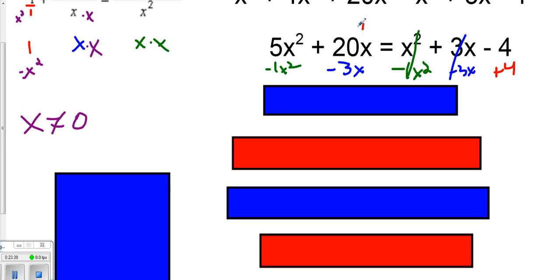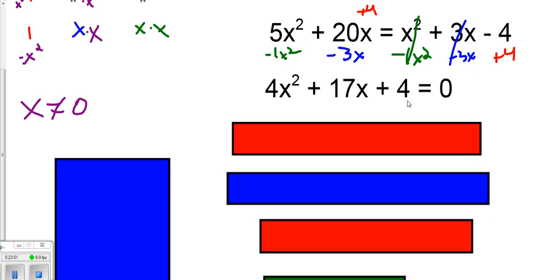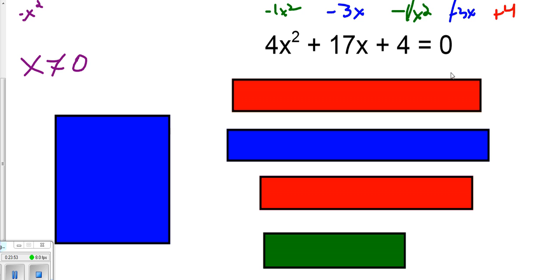Add 4, add 4. When we do that, we are left with 4x squared plus 17x plus 4 equals 0. We've set the whole thing equal to 0, so now we can factor it and use our zero product property.